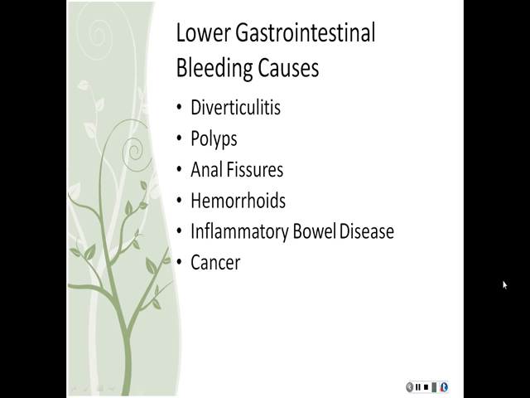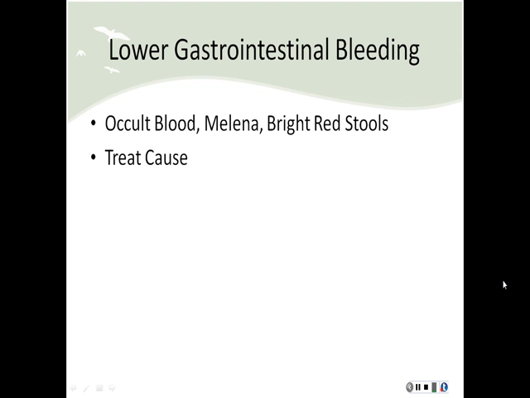So for lower GI bleeding, the major causes are diverticulitis, polyps, anal fissures, hemorrhoids, inflammatory bowel diseases, and also cancer. Signs and symptoms include occult blood, or blood that is not visible, or melena, which is a black tarry stool that is caused by blood being in the GI tract more than 8 hours and being exposed to hydrochloric acid, or blood may be bright red.